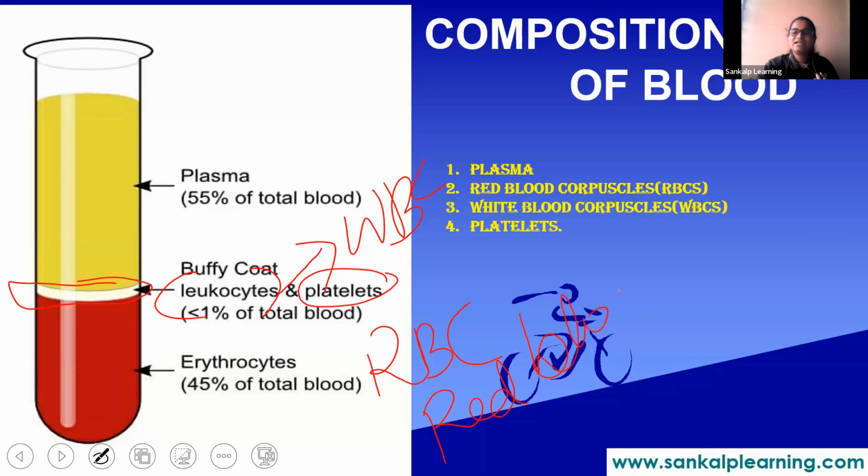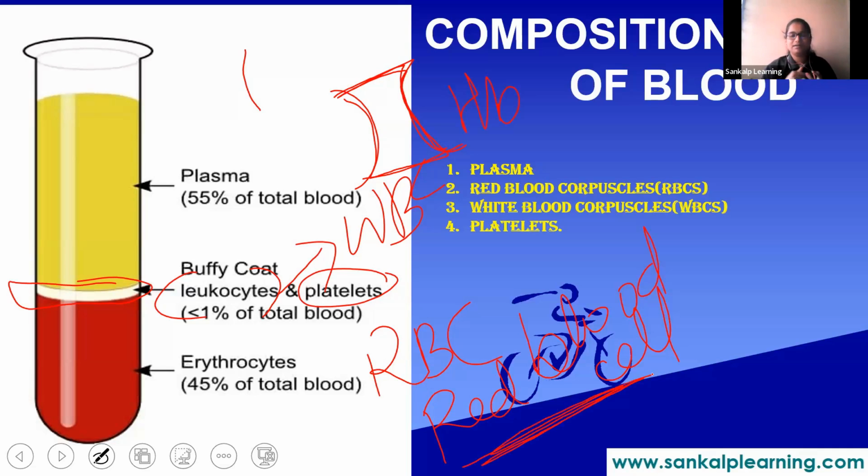These red blood cells are biconcave in shape, like this, guys. On the membrane of the cell, hemoglobin is present. Hemoglobin is a respiratory pigment, so due to its presence these cells are red in color. What is the function of it?